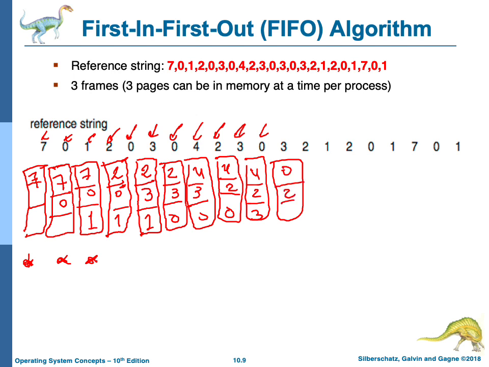The next oldest is 2. 3 is already there, 2 is already there. Now we need 1. The oldest is 2, so we replace 2, giving 0, 1, 3. Then we need 2, so the oldest now is 3, giving 0, 1, 2.